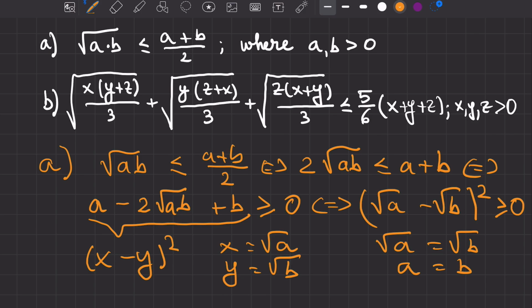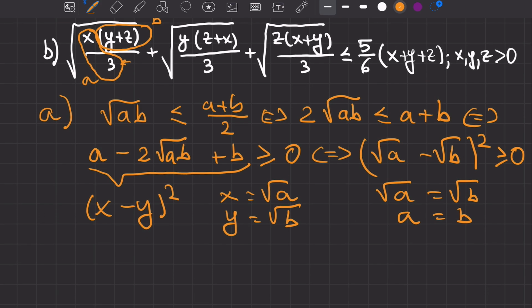Now let's see what would happen if we apply the inequality like this. We take A as this first term, and B from our first inequality, because we have this 3 here below, which kind of makes us wonder what to do with it. So let's apply the first inequality to it.